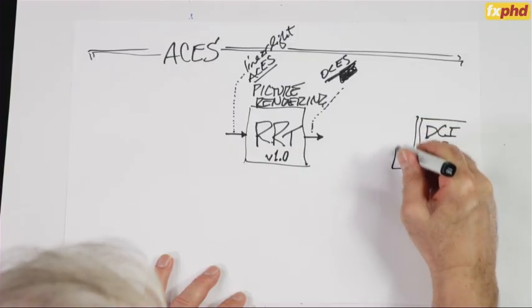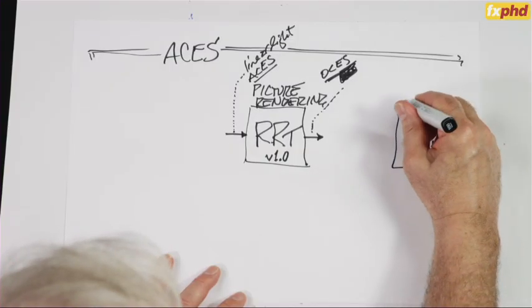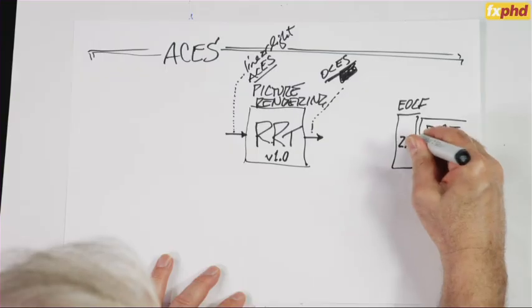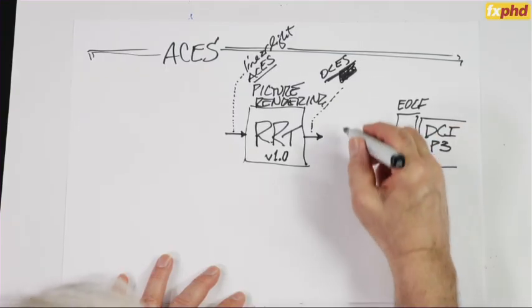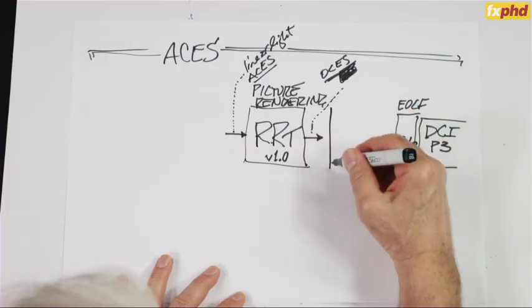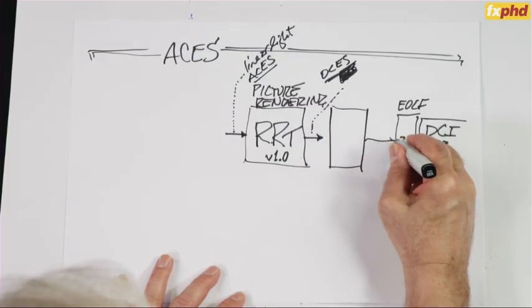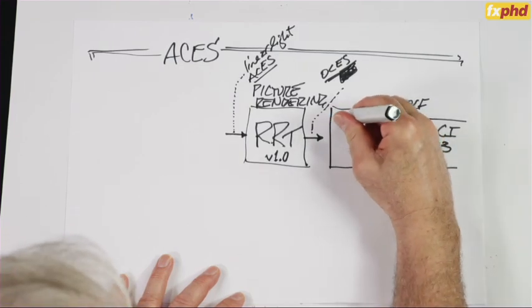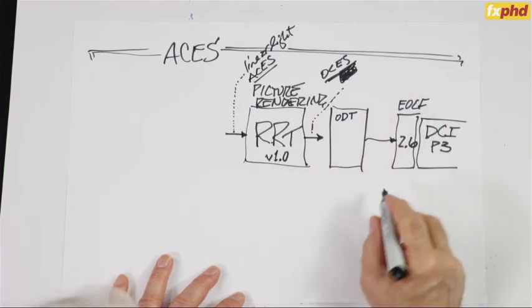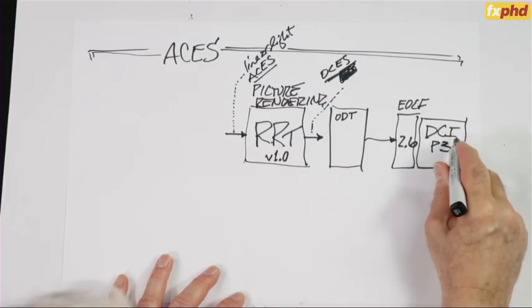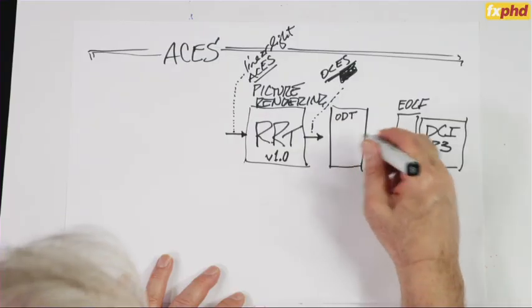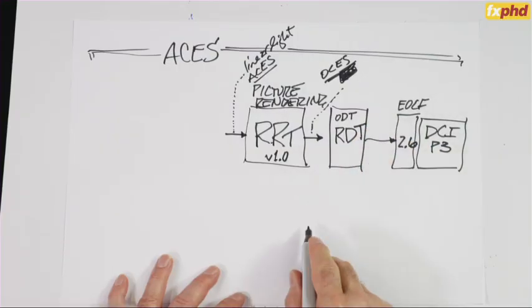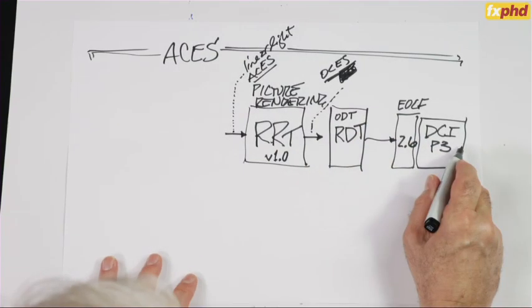That projector has its own electro-optical conversion function, which is 2.6 gamma, as we've discussed before. So in the ACES block diagram, what we need to come out into that is a color transform, a version of an output device transform, but this one going to a DCI P3 projector we call the reference display transform. And this is the pipeline for cinema.